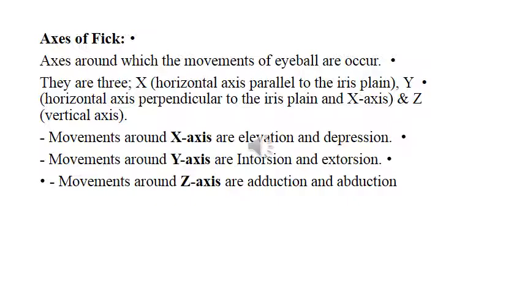Intorsion is the inward turning of the eye, or the limbus moves inward, to simplify it, while extorsion is the opposite. It's the outward turning of the eyeball, or the limbus moves outward. Movements around the X-axis, which is the transverse axis, are elevation and depression.